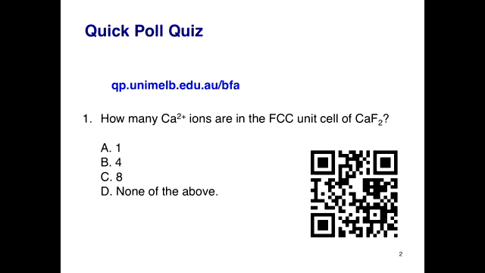How many calcium ions are in the face-centered cubic unit cell of calcium fluoride? So if you want to get onto the device with that web address, we can even try the QR scan there. Then answer, how many calcium ions are in the face-centered cubic unit cell of calcium fluoride?